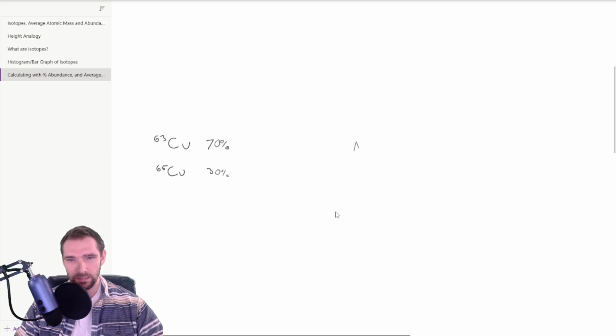So if we want to find the average molar mass of this element here, we've got copper, I think. Yeah, Cu is copper. So we're going to have, let's say, the mass is 63. It's not actually. And that's going to be times 0.70, because if you're trying to write 70% as a portion, you write it like this.